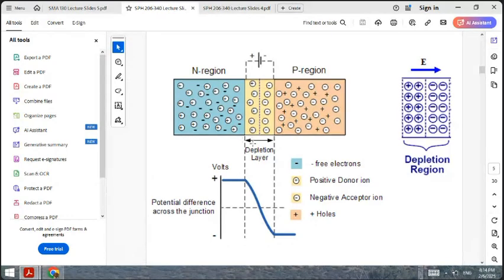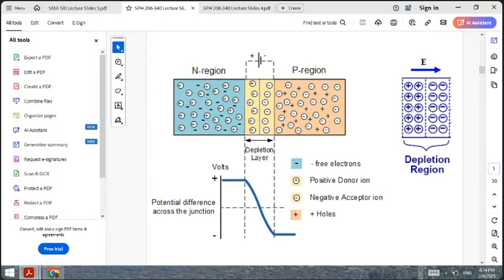That's why we draw this, and it is showing the potential difference across the junction. So if this side is behaving like positive, then we have an electric field, with a direction from positive to negative. So this is the direction of the electric field in the depletion layer.